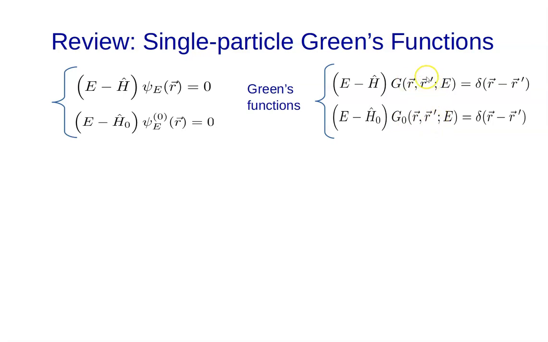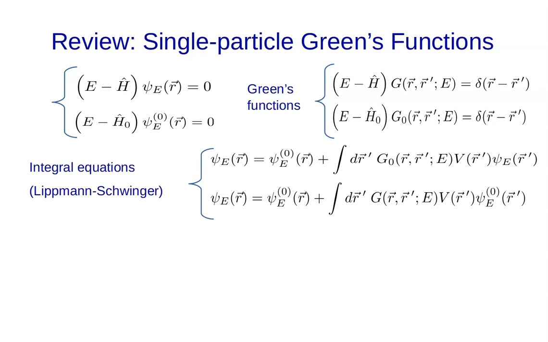You can see that this will be a 2-point Green's function, r prime to r, at a given energy E. So this is not a time-dependent Green's function. It's given for a fixed energy. But it essentially will illustrate what we want, and perhaps we'll make the connection with the time-ordered Green's functions that we're going to see later.